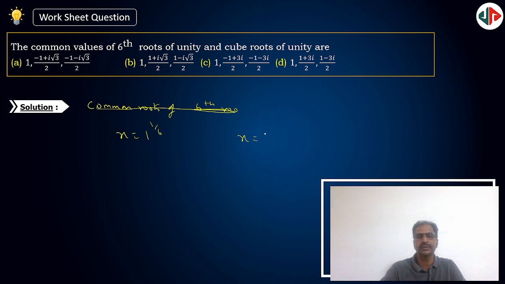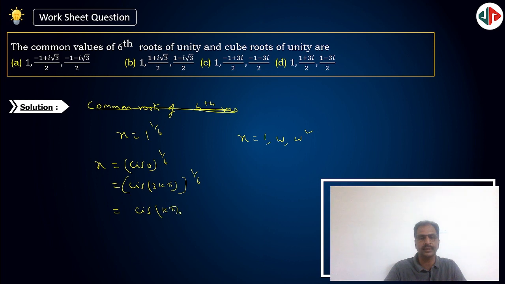Cube roots of unity are 1, omega, omega square. Now, 1 can be written as cis 0 whole power 1 by 6, and theta is same as 2k pi plus theta whole power 1 by 6. This is nothing but cis 2k pi into 1 by 6, that is k pi by 3, where k is equal to 0, 1, 2, 3, 4, 5.